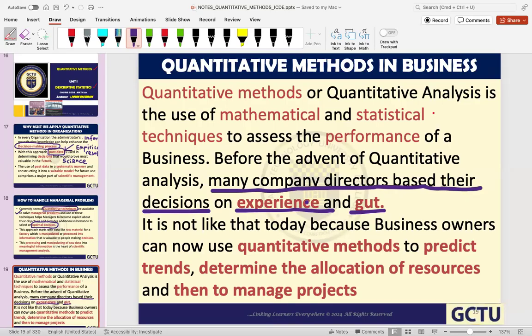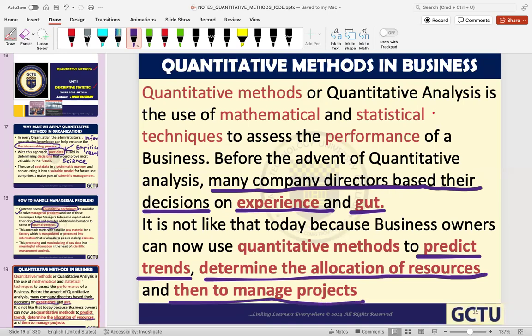Their experience and their gut is not able to reflect how to predict the trends in business, how to determine the allocation of resources, and how to manage projects. Every project is unique.